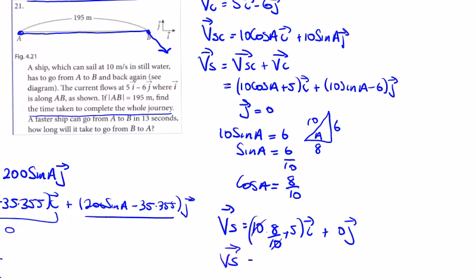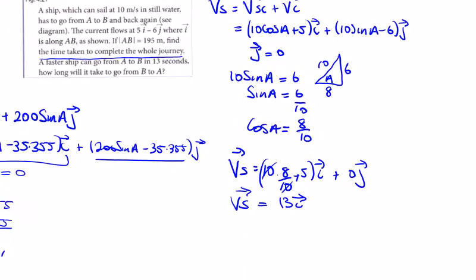Velocity of ship is going to be 13 in the I direction. We also know that it's 195 to go, and again back again, to complete the whole journey. So this is going to be 195 divided by 13, which is 15 seconds to go from A to B.